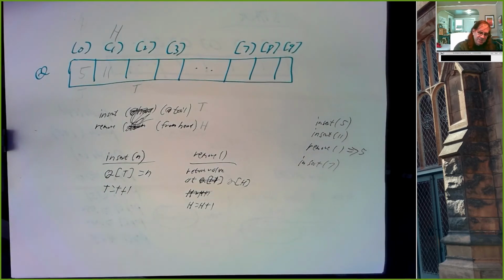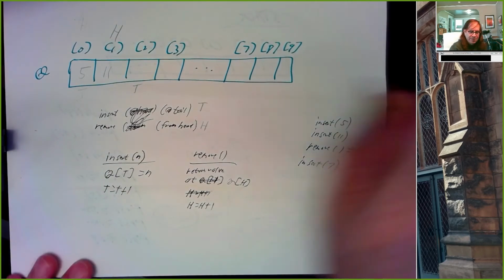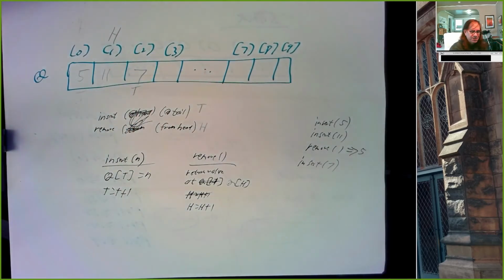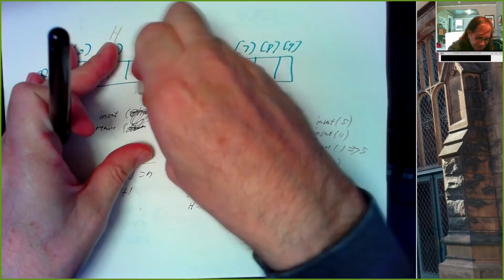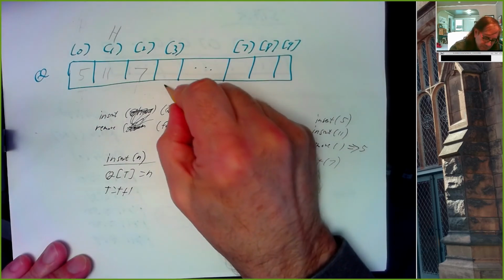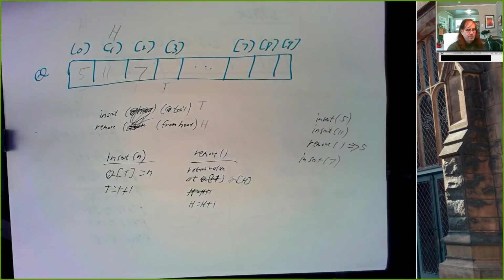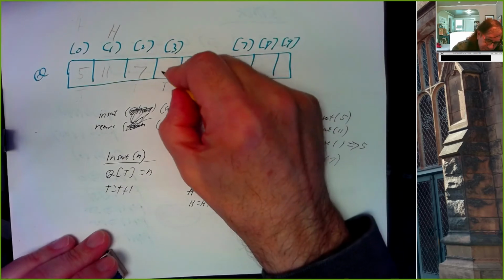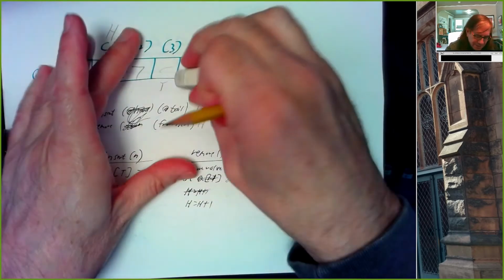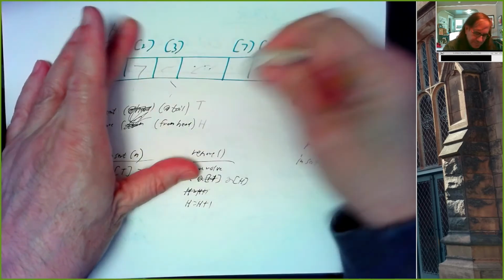So if I insert a 7, put the 7 where the tail is, increment the tail. And I can keep inserting things and incrementing my tail.